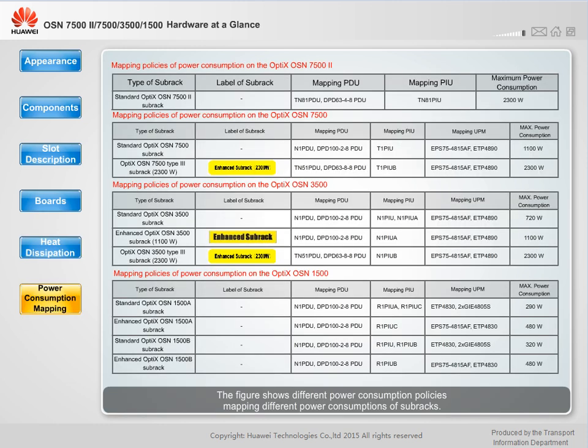The figure shows different power consumption policies mapping different power consumptions of subracks.